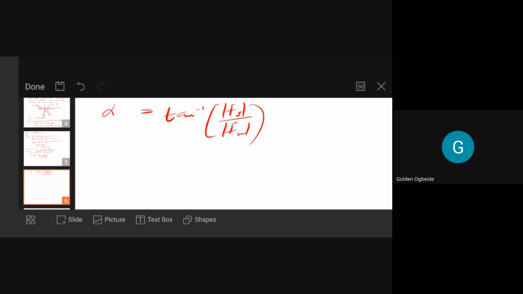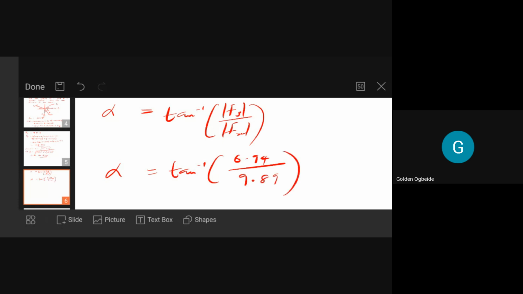So our direction alpha becomes the tan inverse of the absolute value of f of y, which is 6.94, divided by the absolute value of f of x, which is 9.89.